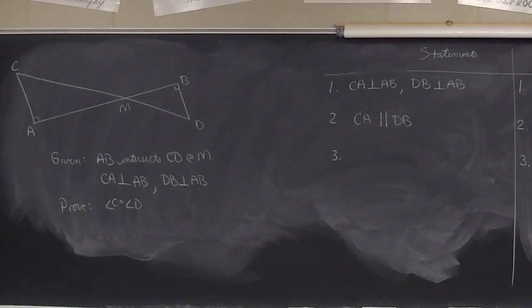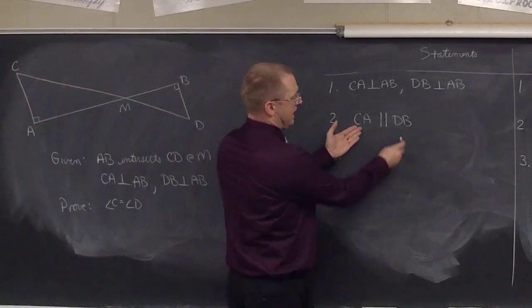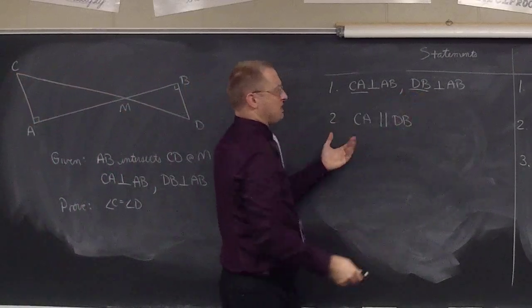Well, maybe the perpendicular thing? What about the perpendicular thing? Because I do have perpendiculars in here, so that sounds like we're on the right track. Perpendicular to the same line? Are they perpendicular to the same line? Probably. Are CA and DB perpendicular to the same line?